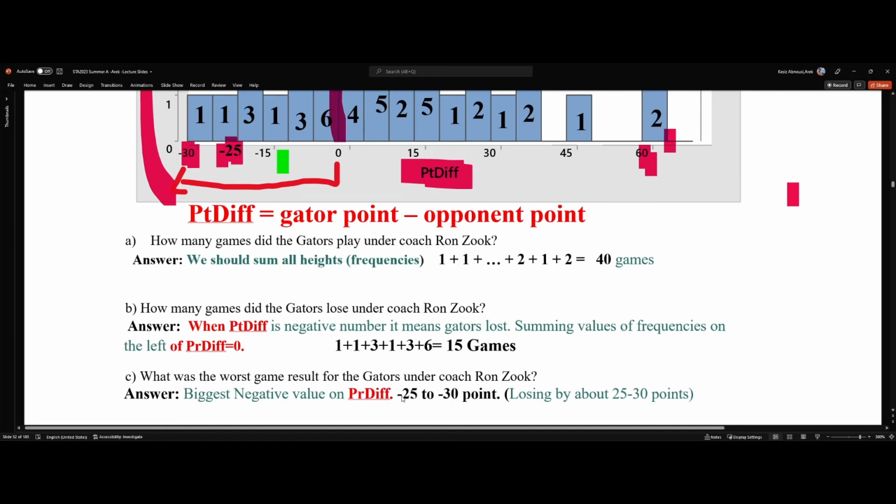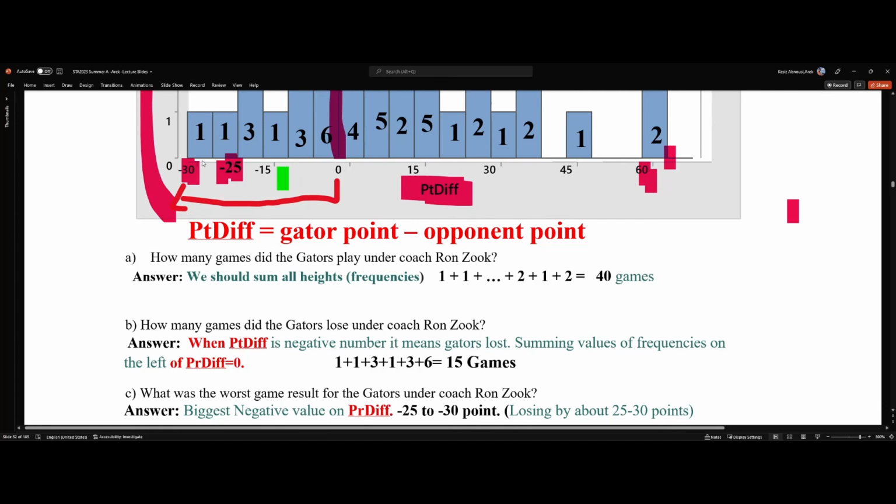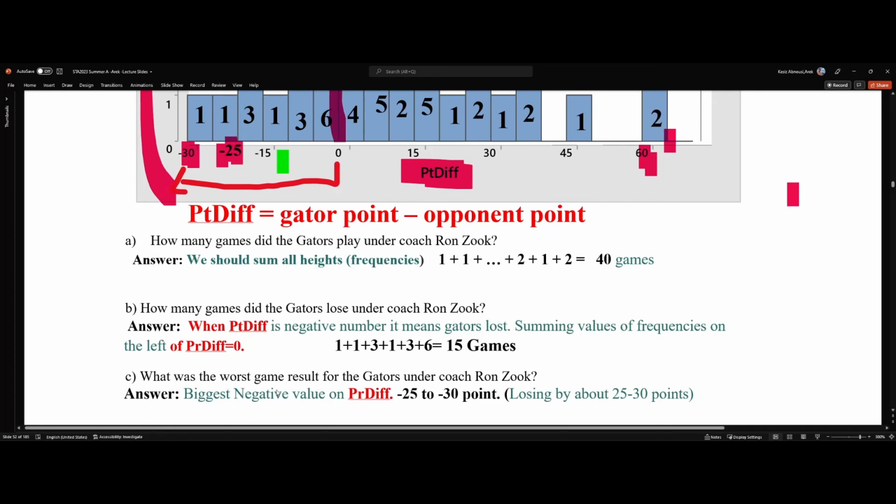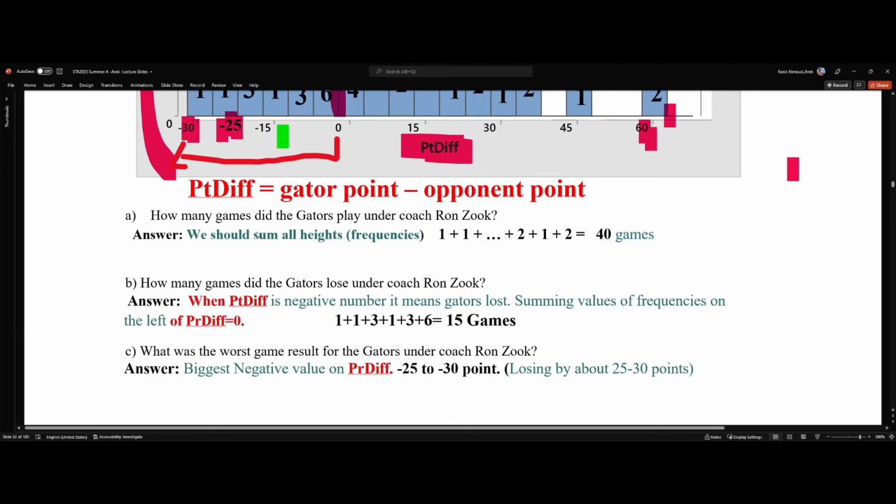That's the biggest negative value of the point difference, right? So it's the smallest number. The smallest number is the biggest negative, right? So it's in this interval.